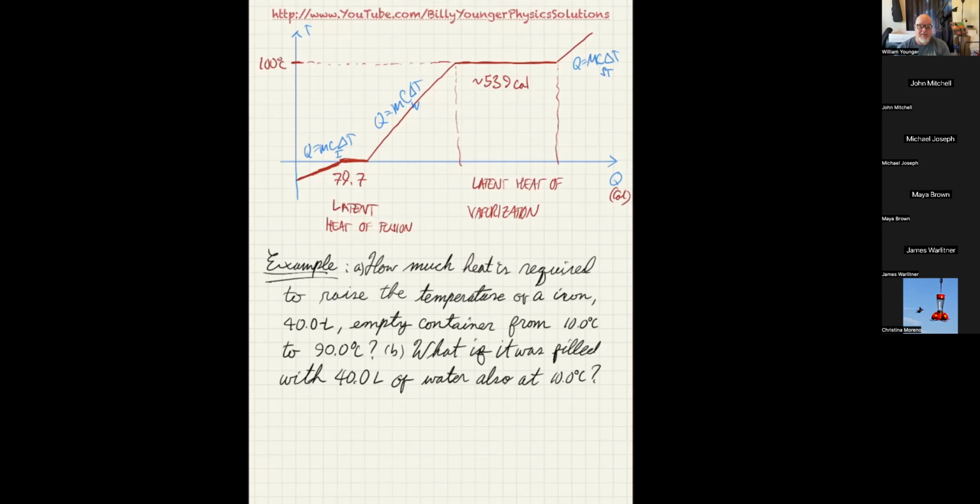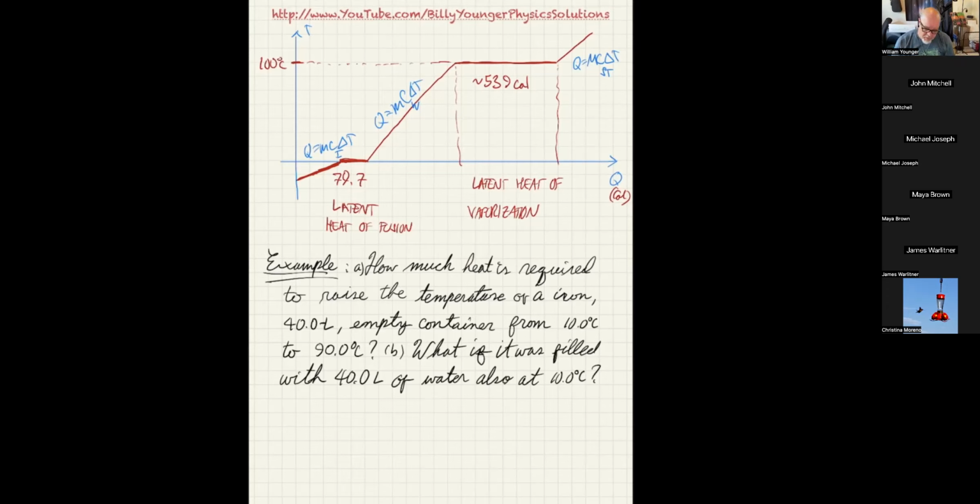The container has a 40-liter capacity. And in fact, not only is it 40 liters in capacity that it holds, but let me think about what its mass would be. I don't know if I want to, yeah, I'll use the density. Actually, no, I'm going to go ahead and give you the actual mass of the iron.